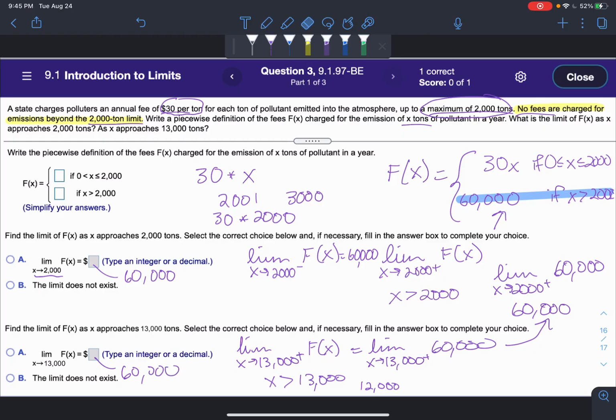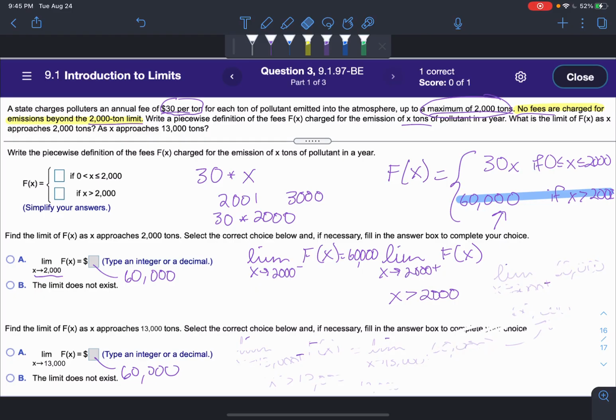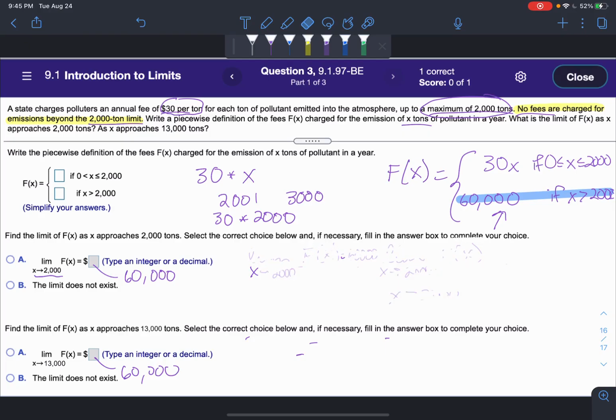So if you're a graphical learner, we can use a graph to confirm what we just found using algebra. So I have a graph. Basically when x is equal to 0, my f of x is 0, so I know that it's going to start here.